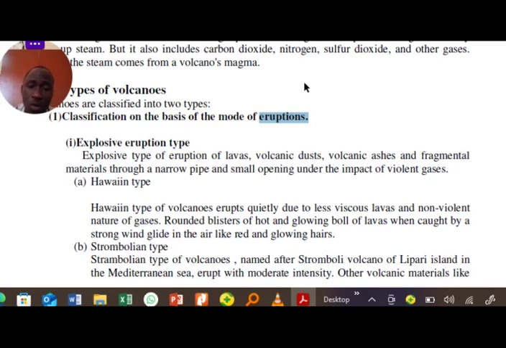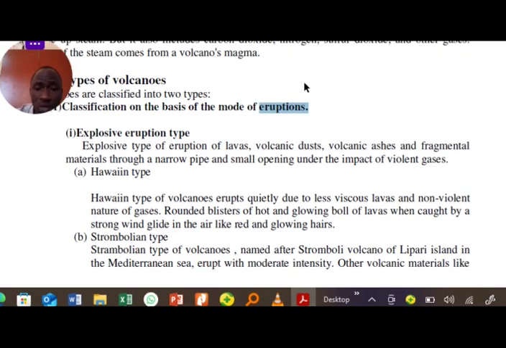This is a narrow opening, under the impact of violent gases that tend to be moving from the magma chamber onto the Earth's surface. So the material that tends to be passing through that pipe is known as volcanic material, through what we have called the vent.